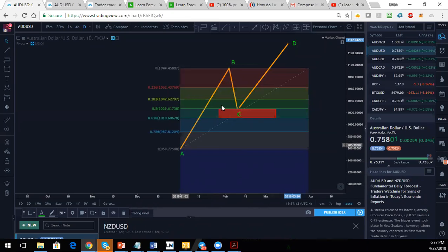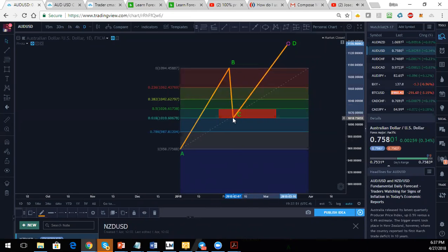So let's say we had a regular ABCD pattern, and price at least hit the 0.618 level, and it hit this area right here.